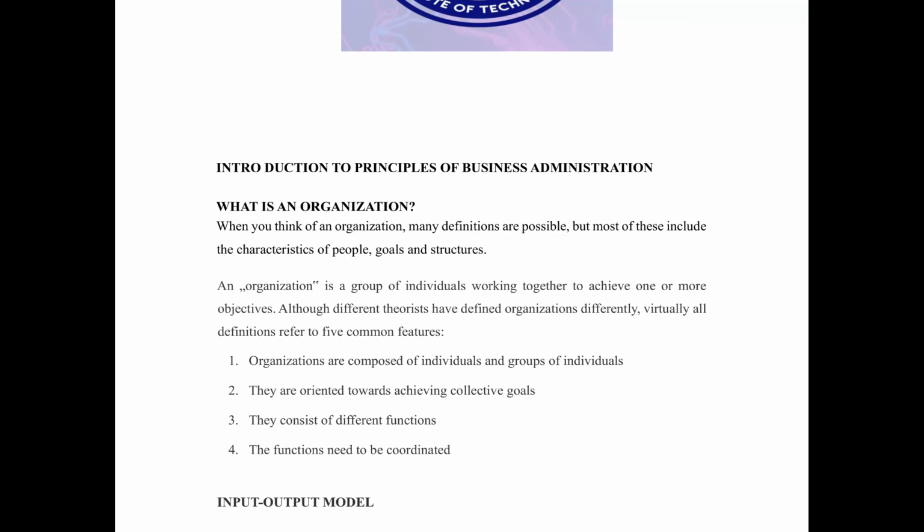For an organization, there are goals that are set, and those goals have to be achieved collectively. All of us have to be pushing towards only one goal in an organization. And again, they consist of different functions. The organizations have functions that need to be coordinated. Basically, those are some of the key things that should come out in the definition that you're going to create for an organization.